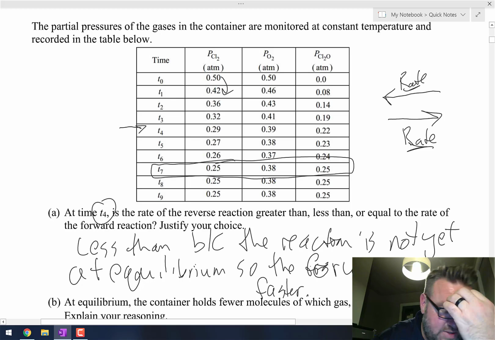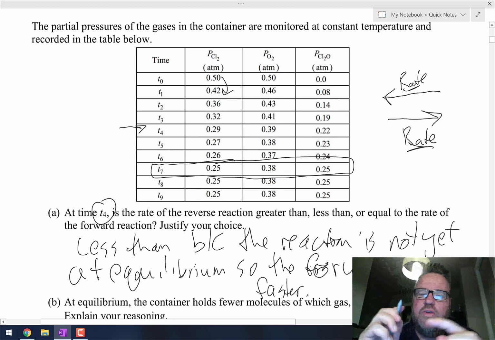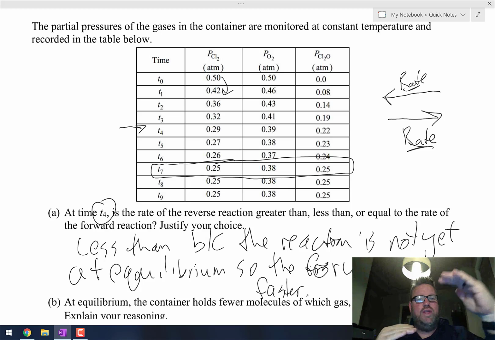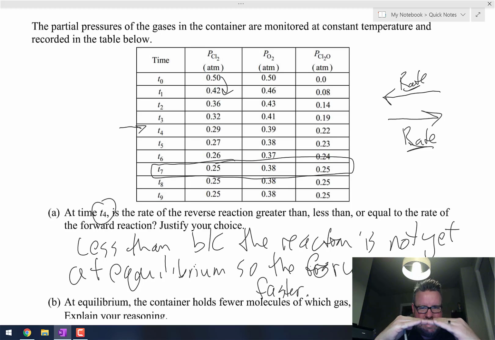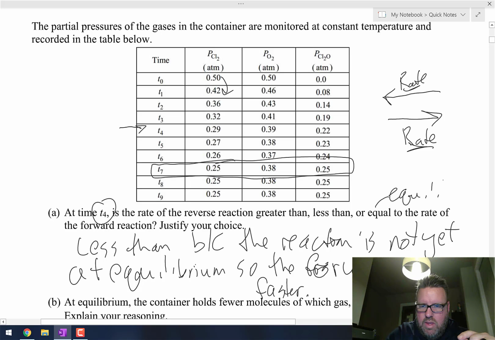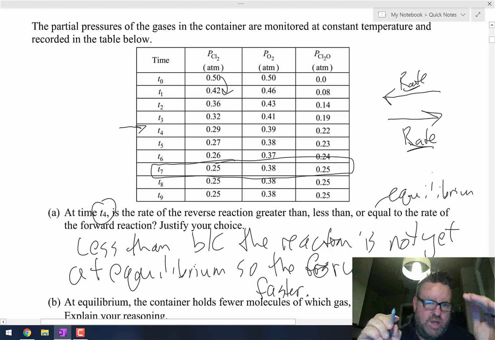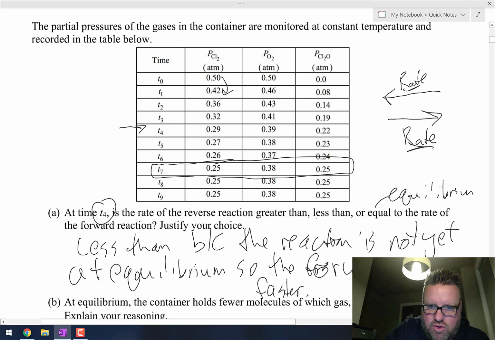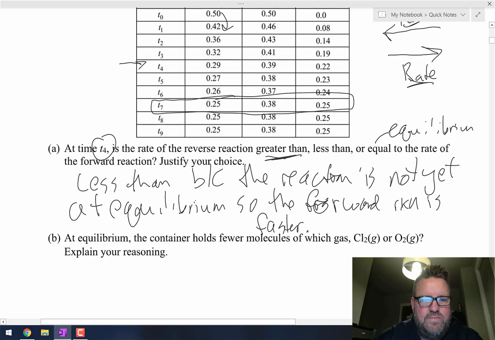Is there a point where the reverse reaction is greater than the forward reaction? No, because once you reach equilibrium, they're at the exact same rate. Before equilibrium, the rate of the forward reaction is always faster than the rate of the reverse reaction.